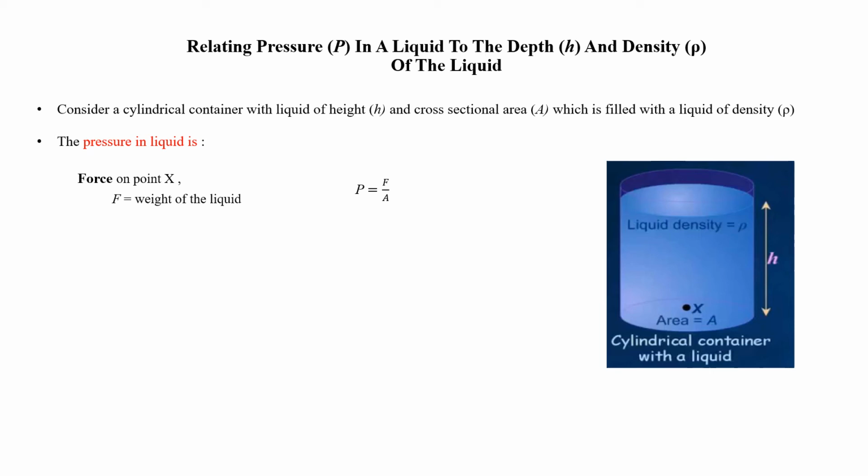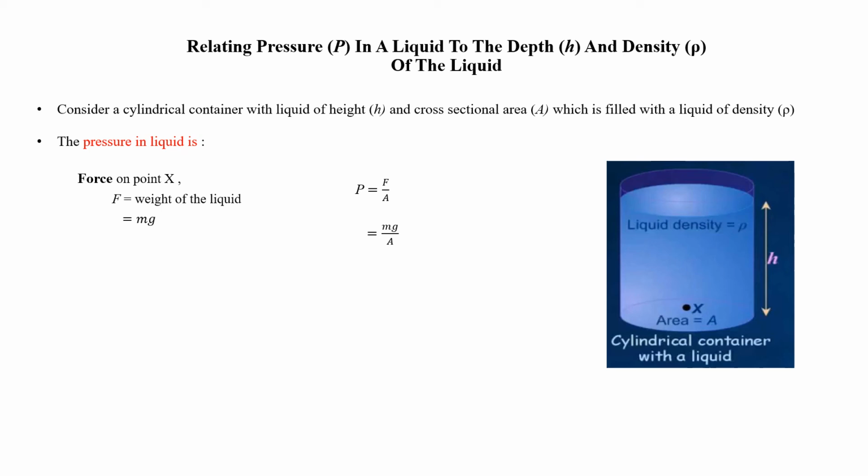So the weight of the liquid is the mass of the liquid. Then force is equal to the mass times the gravitational field strength. The gravitational field strength we need to consider in order to find the pressure in liquid.